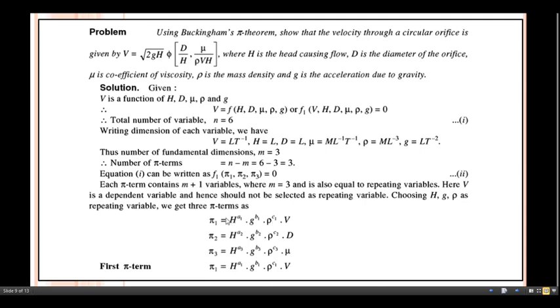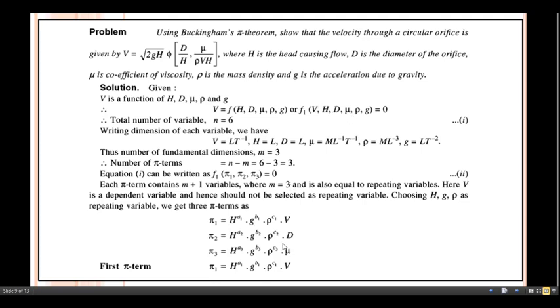So we can write the first pi term, that is pi 1, as h raised to a1 into g raised to b1 into rho raised to c1 into v. Now if you look at this, h, then rho and g, if I group them here, the remaining ones with us are v, then d, and the next one is mu.